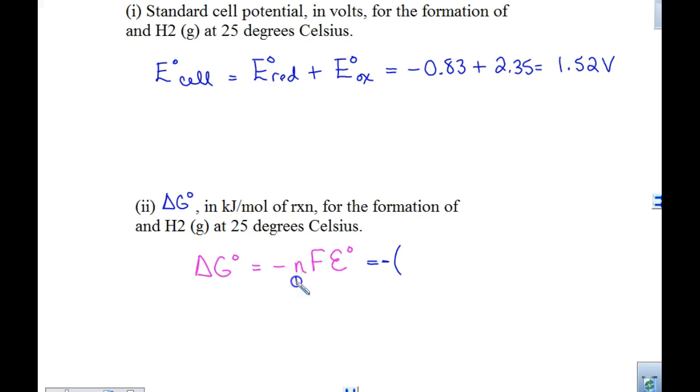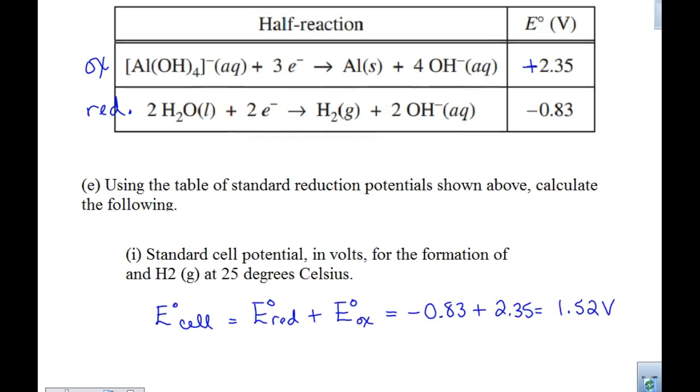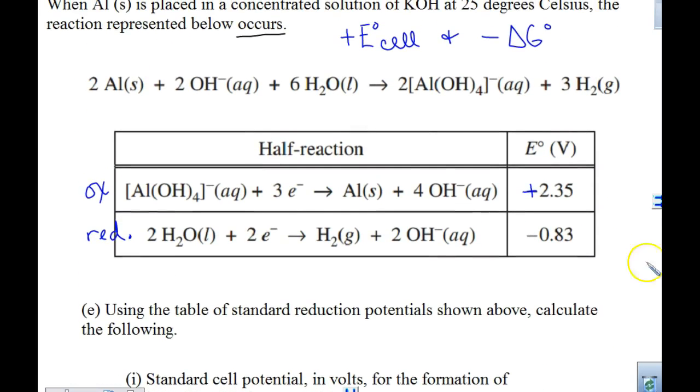Now, the N, that is moles of electrons. So, in order to figure that out, we're going to have to go back up here to this equation. Notice your balanced chemical equation does not feature any electrons, so we've got to go back to our half reactions. We've got one with 3 electrons and one with 2 electrons.